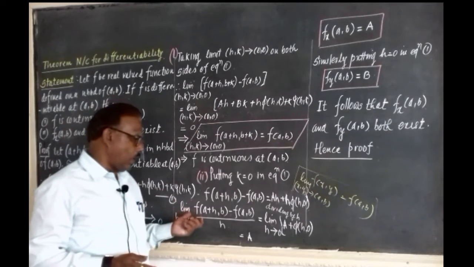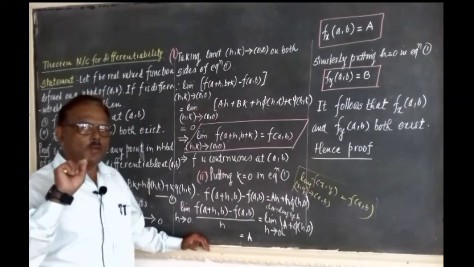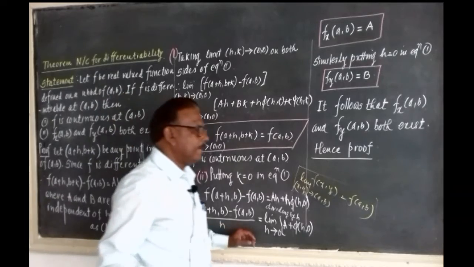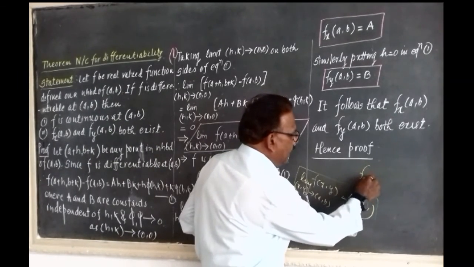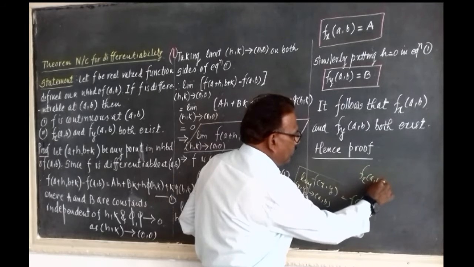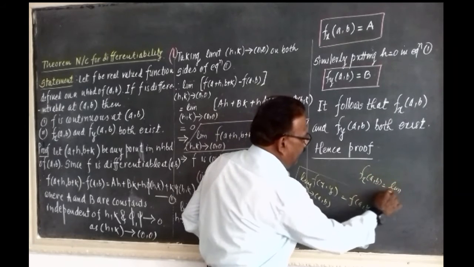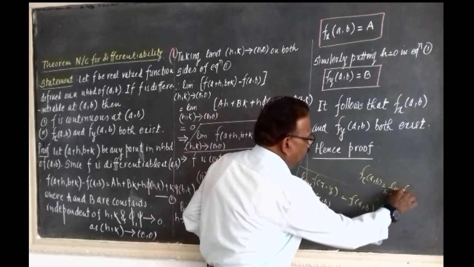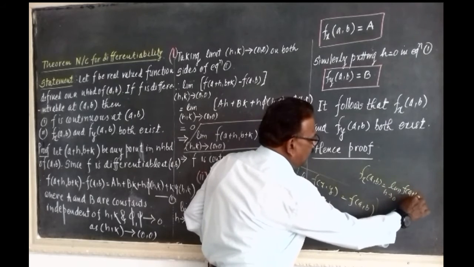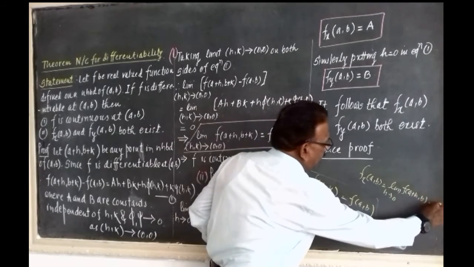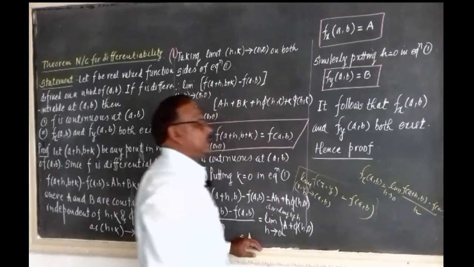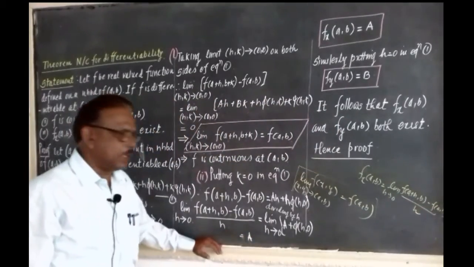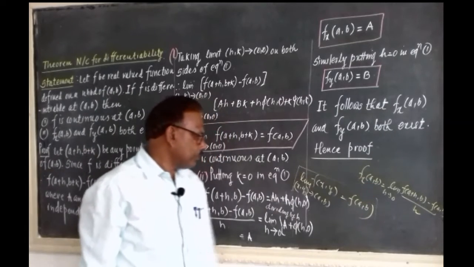Again see, while defining the partial derivative with respect to x at point (a, b), it is the limit as h tends to 0 of f of a plus h, b minus f of a b divided by h. This is the definition of the partial derivative of a function at point (a, b).